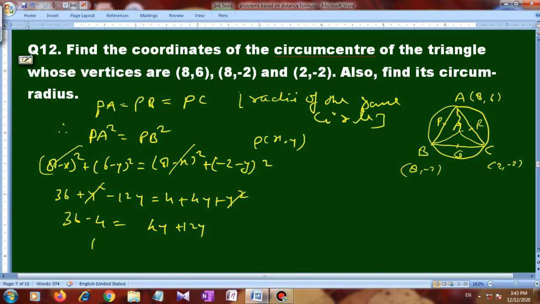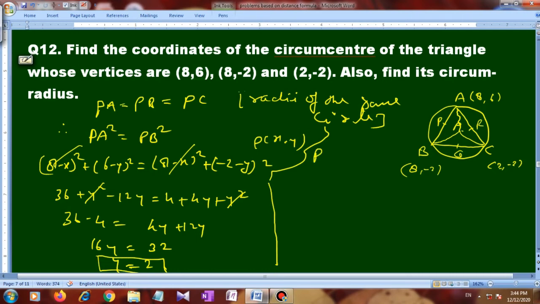Clear? So 16y equals 32. So y will be 2. Clear? The value of x will be found from the next equation.